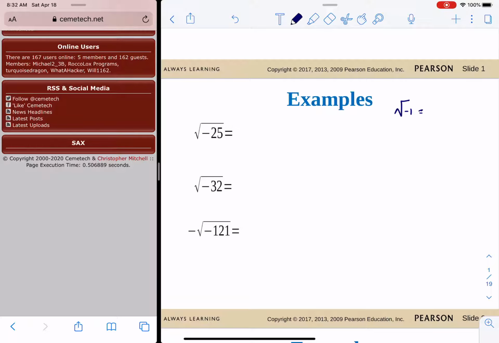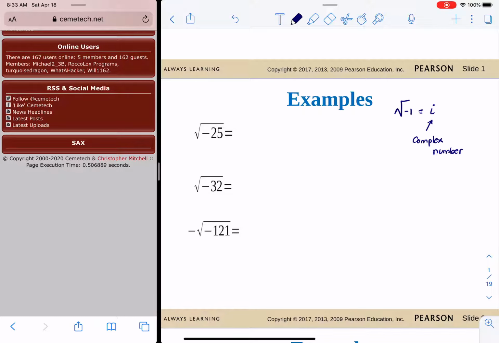The square root of negative 1 is what we denote as i, and that is a complex number. Anytime you see a square root, or even a fourth root, or an even root with a negative number, you have to be cautious.